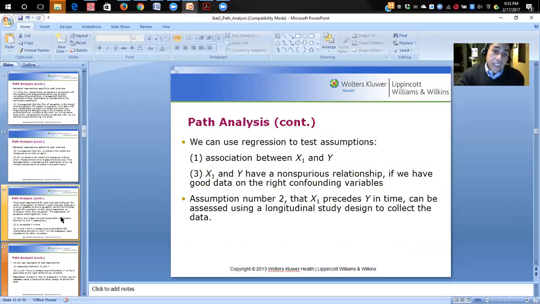And then the assumption is that X1, or the independent variable, precedes the dependent variable in time, which means that it has to happen at a certain period of time, whether it's at 2 months post-transplantation or 3 months post-transplantation, but it needs to have that temporal ordering in order for us to conduct a path analysis.